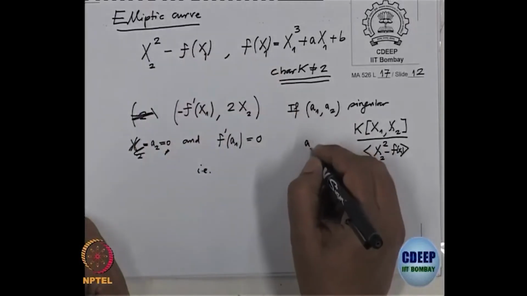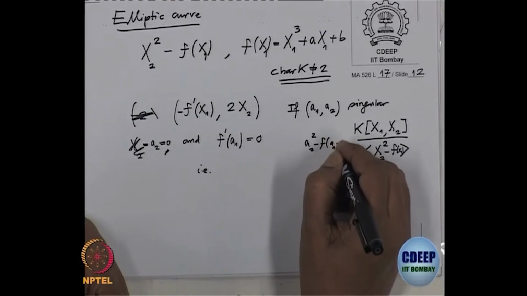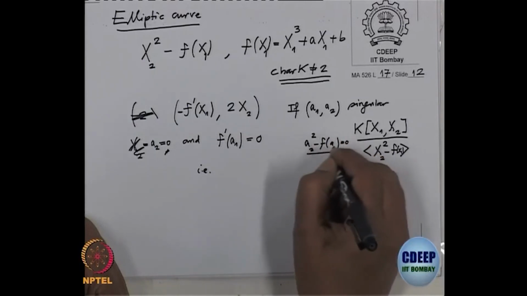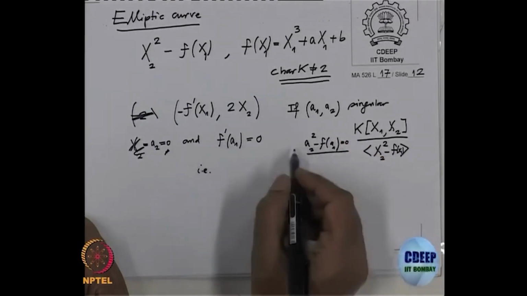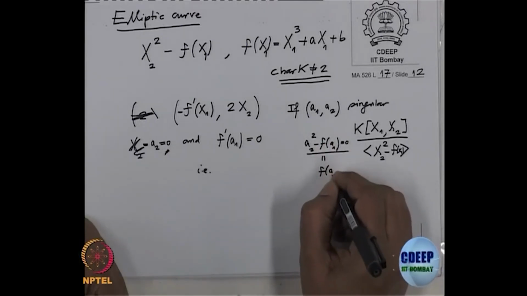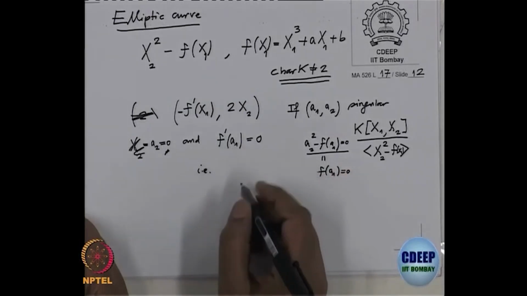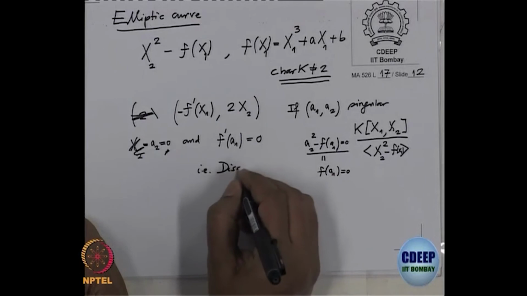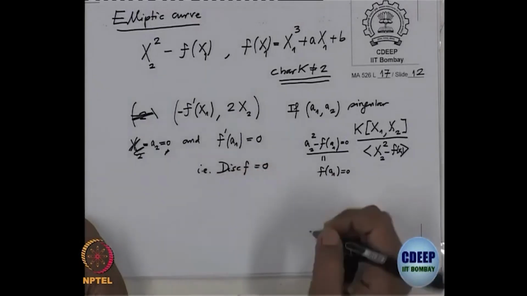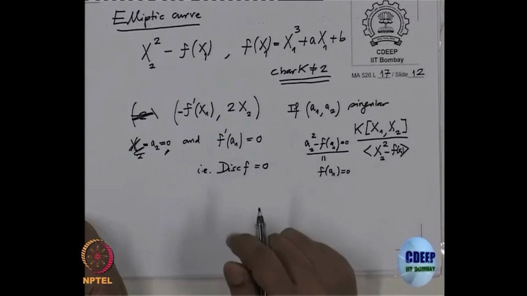That means a2 square minus f of a1 should be 0, and a2 is 0, therefore f of a1 is also 0. So f of a1 is 0 and f prime at a1 is 0 also, that means the discriminant of f is 0, because common roots of f and f prime are precisely the repeated roots.